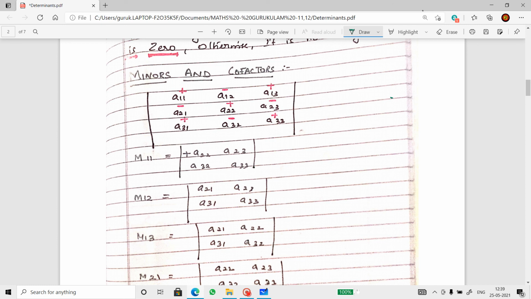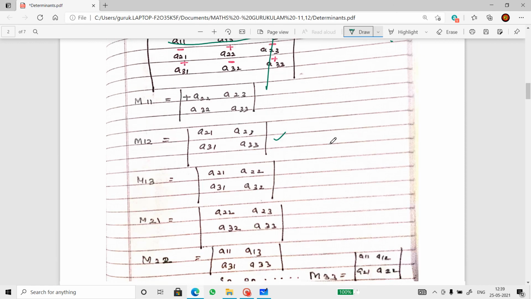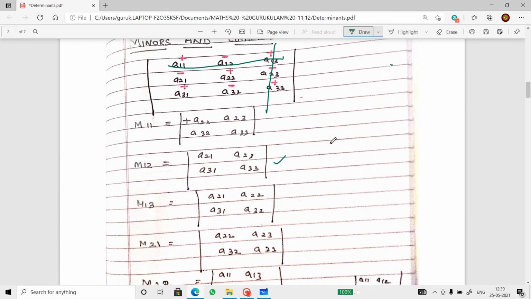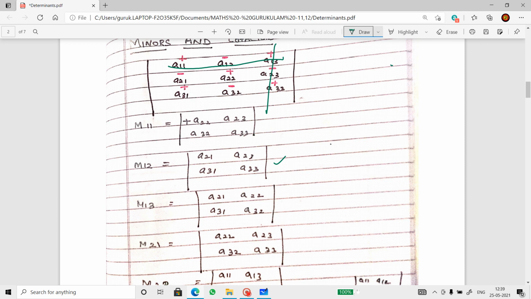Now, likewise for A12. We don't take the signs which I wrote on the top right now. So when you go for A12, delete the row and column where A12 is present. So A21, A31, A23, A33. Then go for A13. Delete the row and column in which A13 is present. So A21, A22, A31, A32. Like that you have to do it for all the elements, not just for the first row elements.